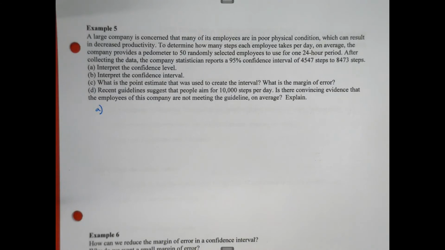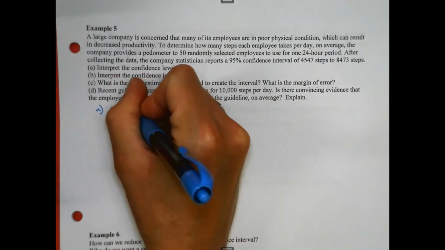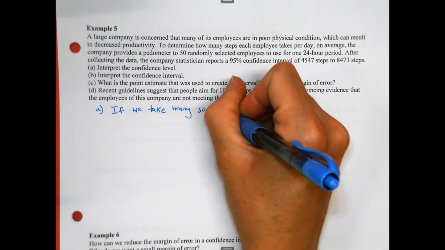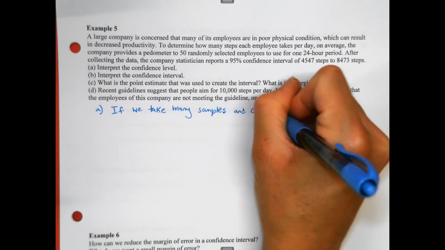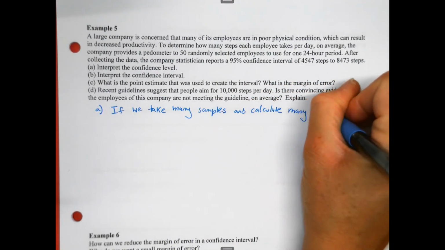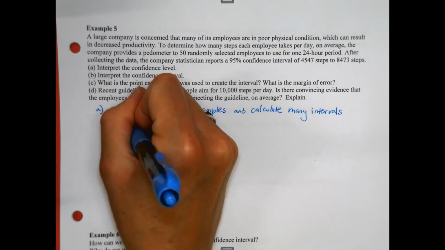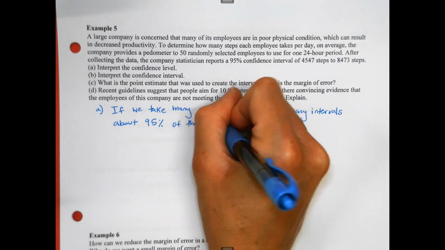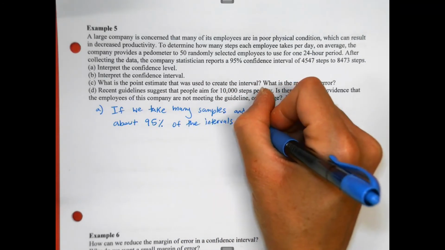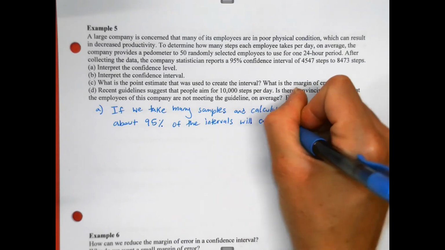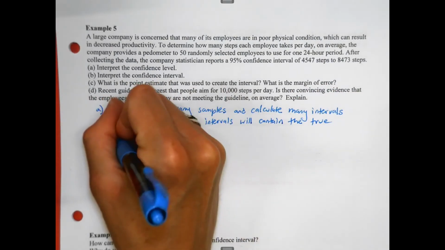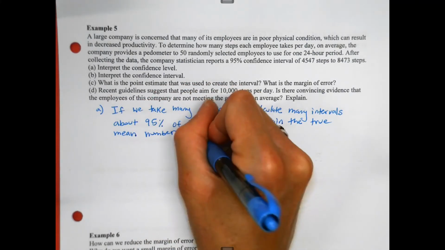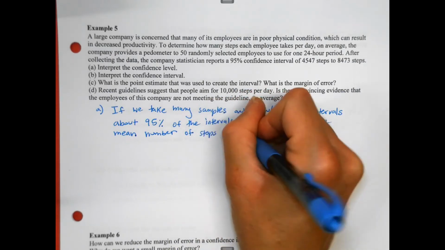What is this saying? Well, it is saying that if we take many samples and calculate many intervals, about 95% of our intervals will capture the true mean number of steps per day for employees.